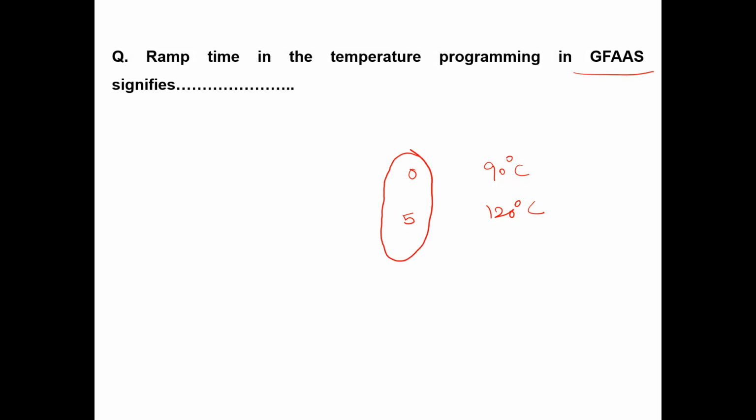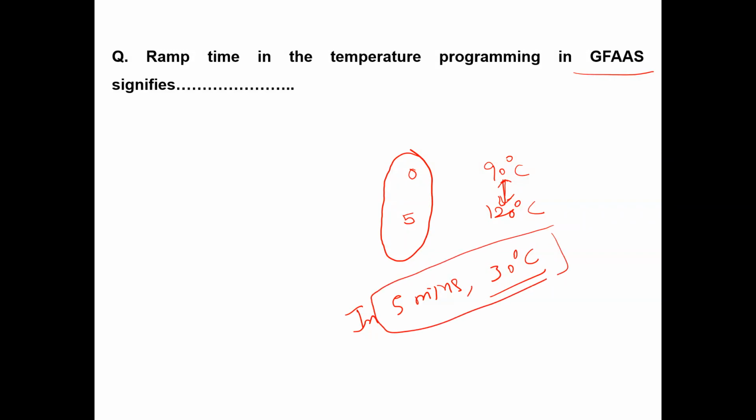You can say here, in 5 minutes the temperature is increased by 30 degrees centigrade. So the ramp time is basically defining the heating rate.